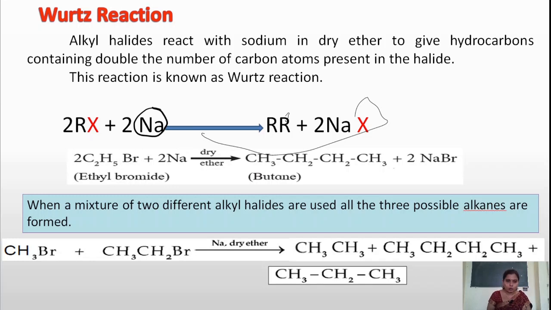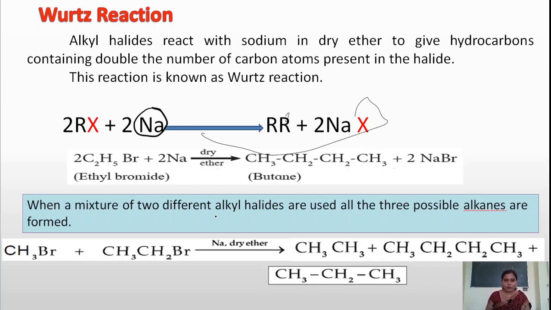In that, these two alkyl groups, that is C2H5, get attached, CH3CH2 and CH2CH3. Butane is formed, and the two bromines react with the two sodium atoms to form 2NaBr. So you have to remember that in the Wurtz reaction only an even carbon alkane is formed, since the alkyl groups are doubled to form the alkane. So the Wurtz reaction only gives hydrocarbons containing an even number of carbons.